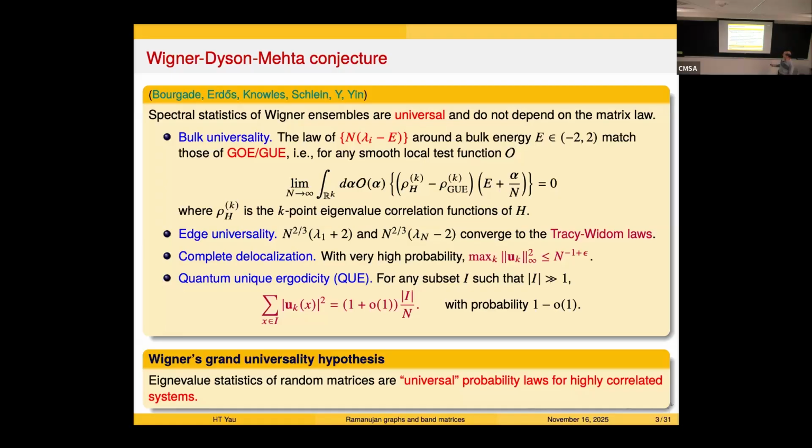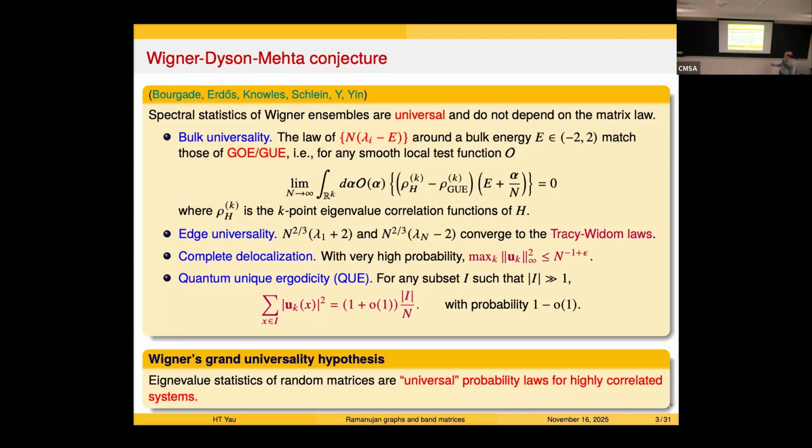But here, in the case of a matrix, it just says that you take an eigenvector, and if you take an average of the eigenvector components over an interval of a certain size, as long as this size is much bigger than 1, then it's close to its average value.